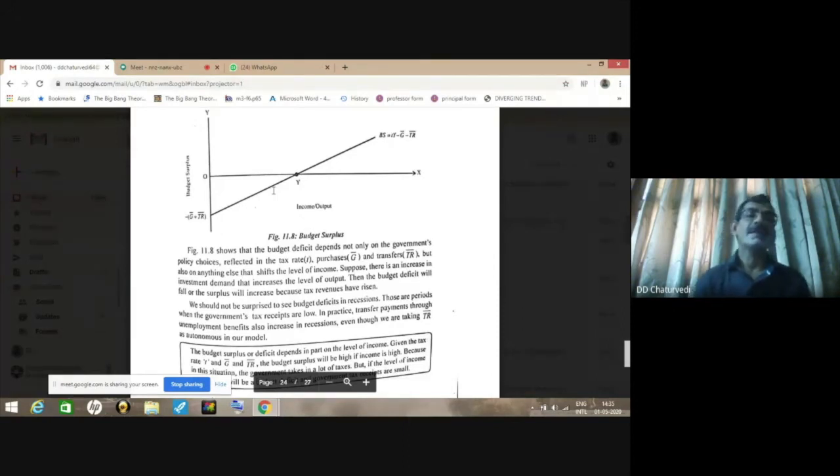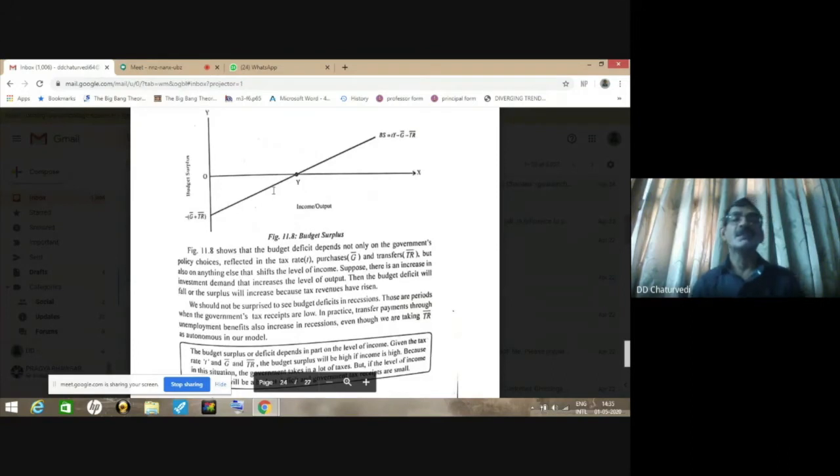During the current scenario, the government has to incur so much expenditure and the income level is so low. So these are the periods when the government tax receipts are going to be less.